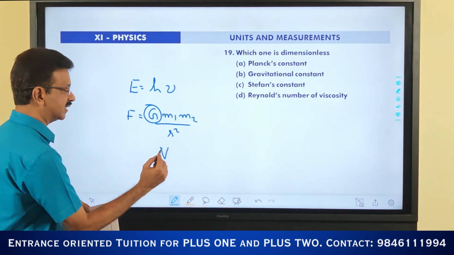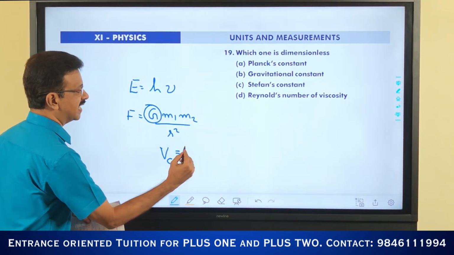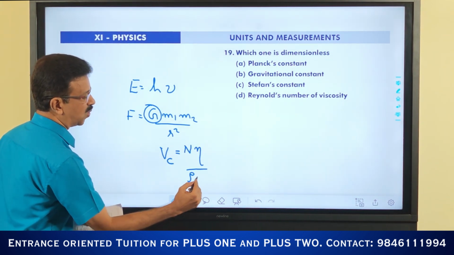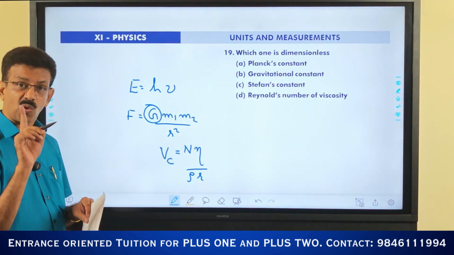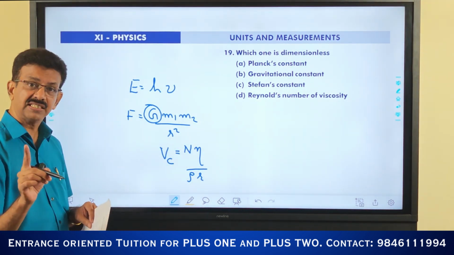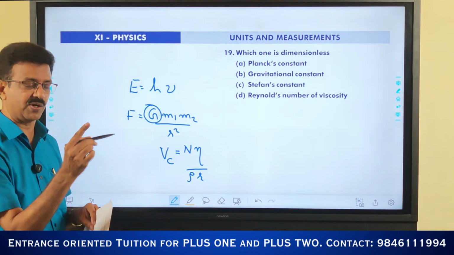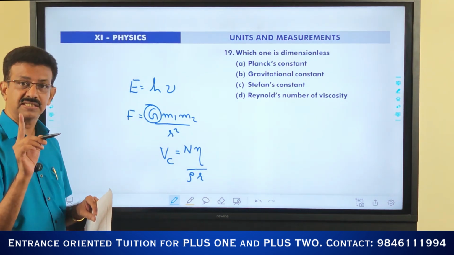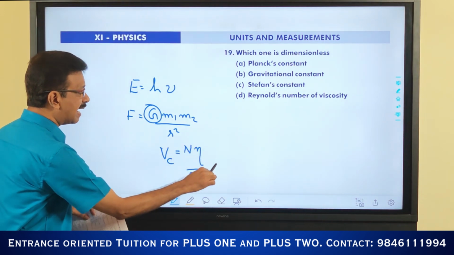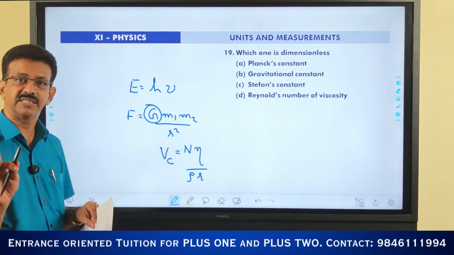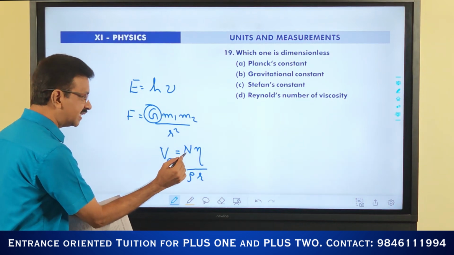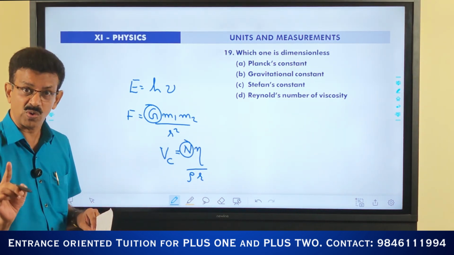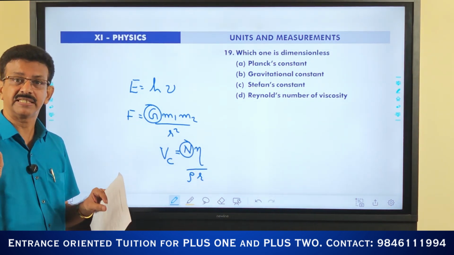And that critical velocity is given by Vc equals N eta by rho r, where rho is the density of the fluid, r is the radius of the tube through which the liquid flows, eta is the coefficient of viscosity, and Vc represents the critical velocity. Here, eta by rho r will have the dimensions of velocity. Therefore, this capital N, the proportionality constant of Reynolds law, that's called Reynolds number, is dimensionless.